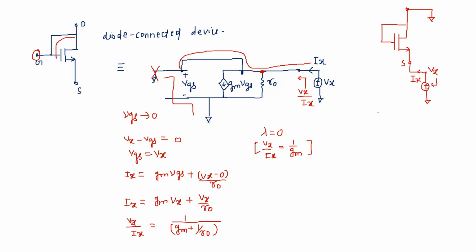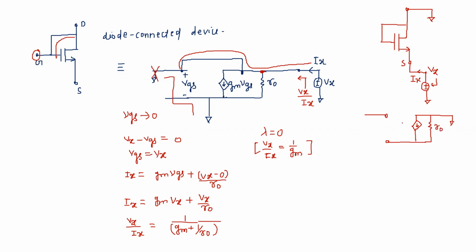Now in this case, if we apply the small signal, you can see this is your gate, the gate and drain are shorted, and the drain is grounded. Here we have the gm VGS current source and here the r0.